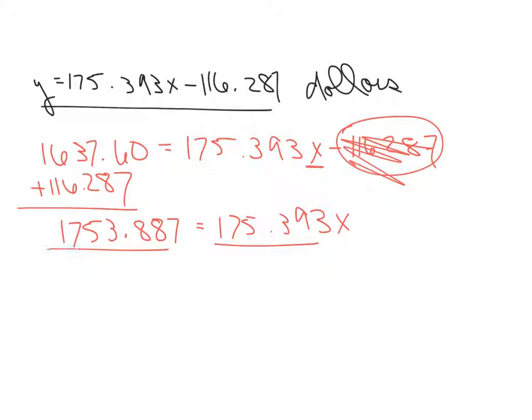Divide both sides by 175.393, and that will give us 9.9998, or approximately 10% interest. Okay, so that is example 2. That's using more of a real-life experience to solve a linear equation.